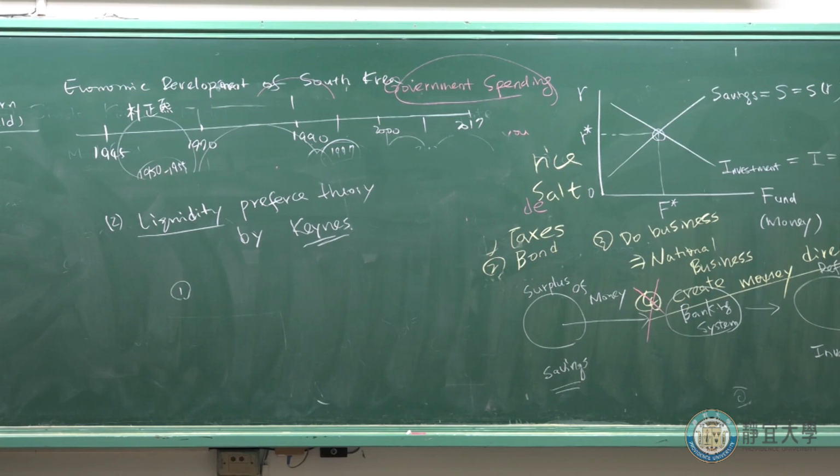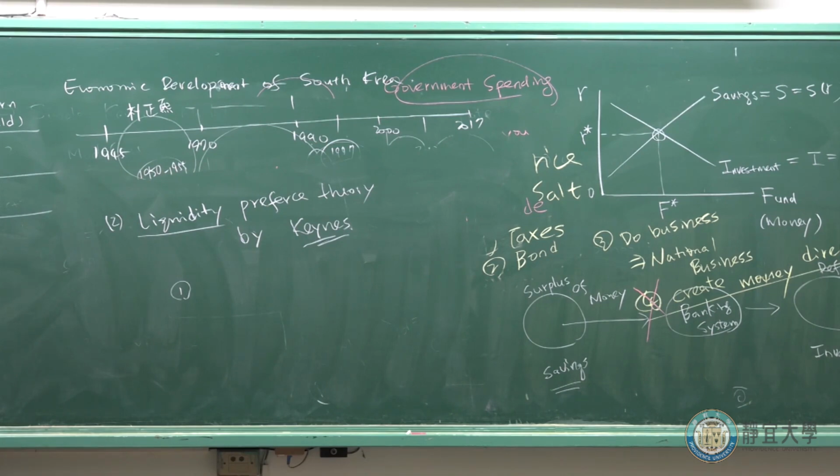Okay? And the second, you maybe try to buy some stock. Okay? And maybe you also want to try to buy gold, or you want to have some housing or rental.